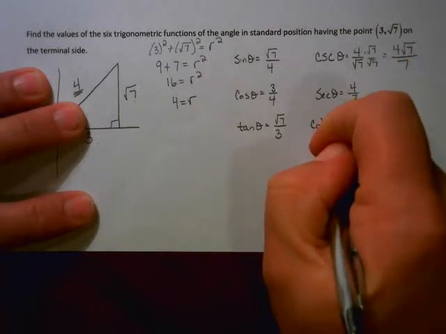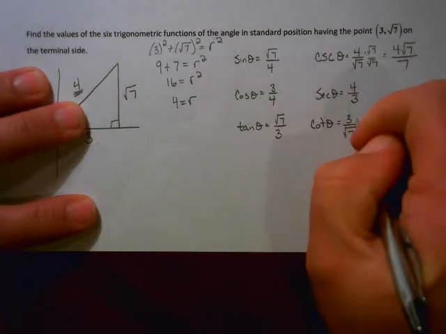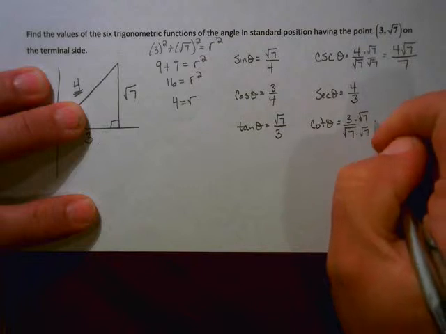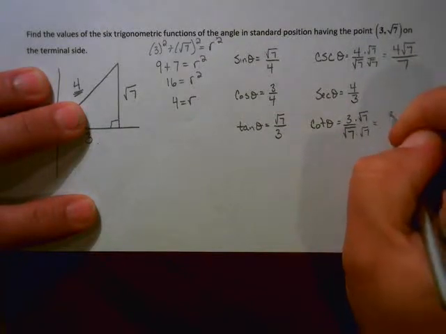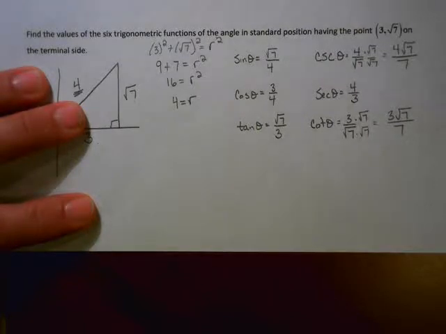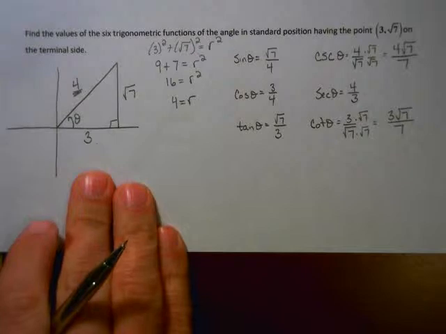And cotangent theta, reciprocal of tangent, 3 over the square root of 7. So multiply by the square root of 7 over the square root of 7, and we get 3 square roots of 7 over 7. So those are the exact values of those 6 trig functions.